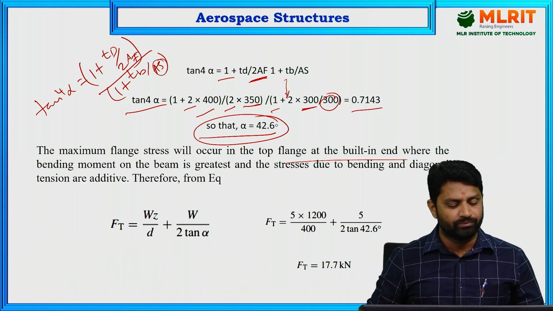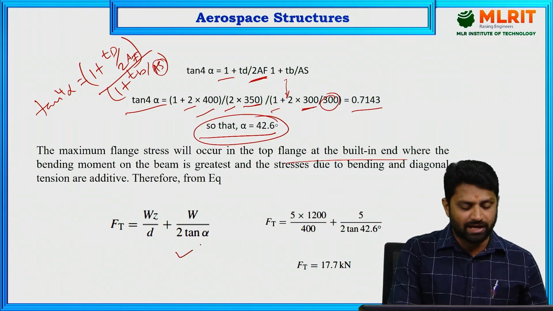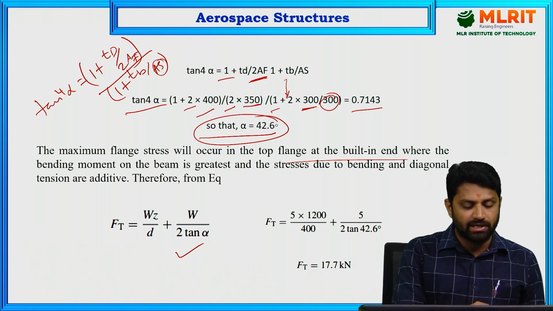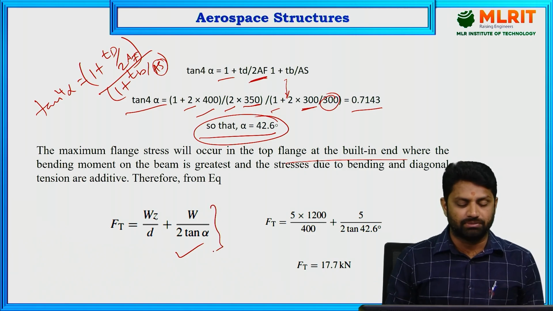So therefore, this formula which we already know, the force in the top flange, is given by WZ divided by D plus W by 2 tan alpha, that we can see from the derivation of the complete tension field beam.